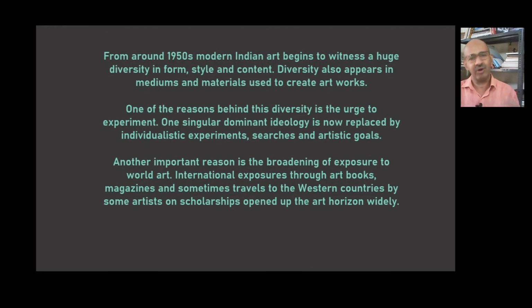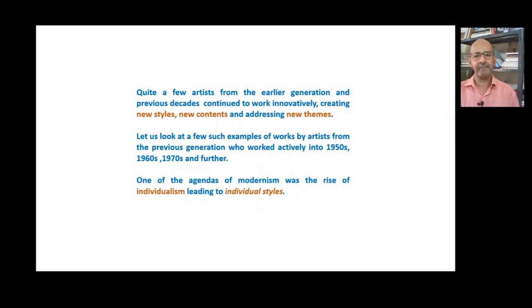Therefore, in their art, often we find elements borrowed from or imbibed from the larger global art scenario. International exposures through art books, magazines, and sometimes personal trips and travels or scholarship travels to Western countries really opened up the new horizons for modern Indian art.